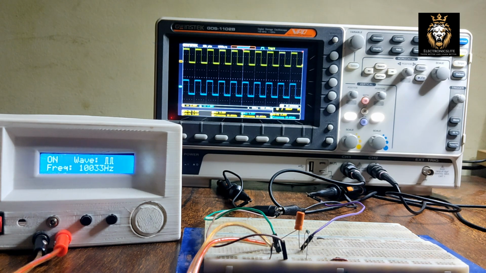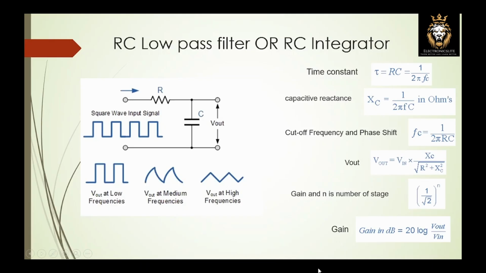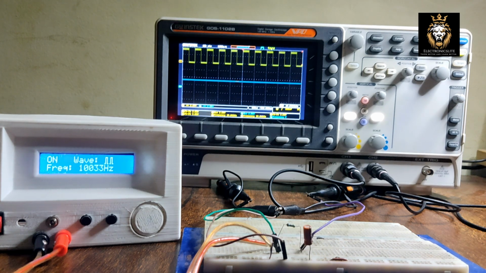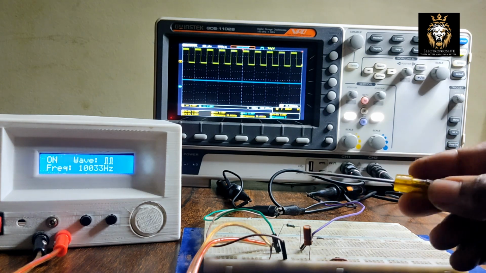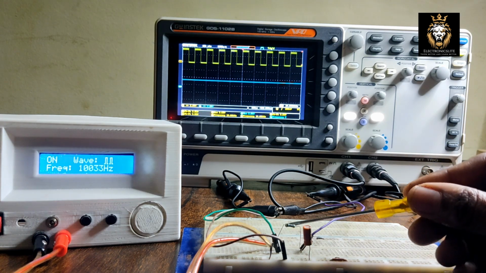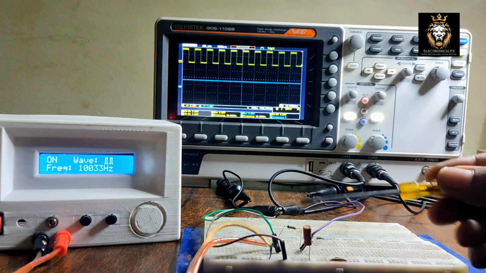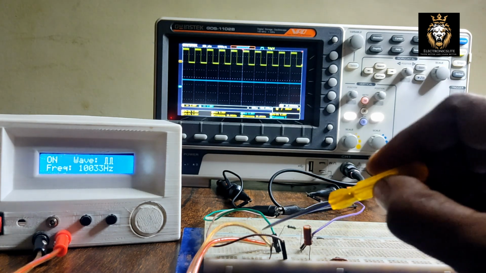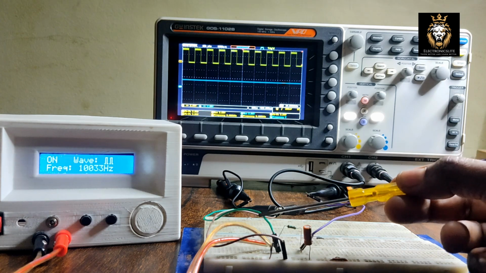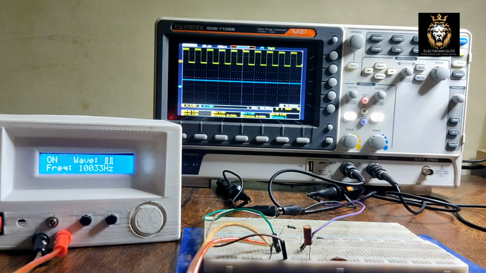And next one is the low pass filter. See, this is the circuit as a low pass filter. Here the resistor is series connected and the capacitor is parallel connected. This is the input frequency. This is the input of the CRO. This is the output of the CRO.